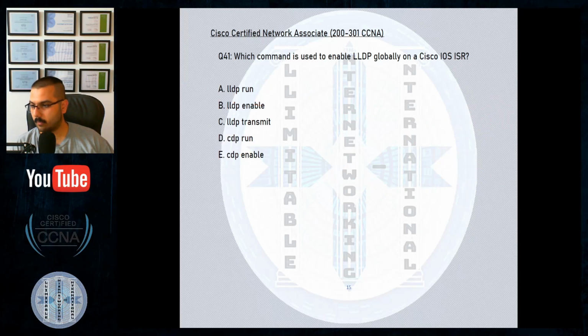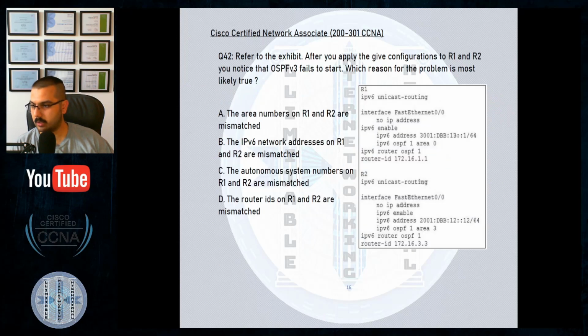Okay, 42. After you apply the given config to R1 and R2, you notice that OSPFv3 fails to start. Why? IPv6 unicast routing is enabled on both of them. The interface has no IPv4 address, but IPv6 is enabled, so the link local will be automatically generated.